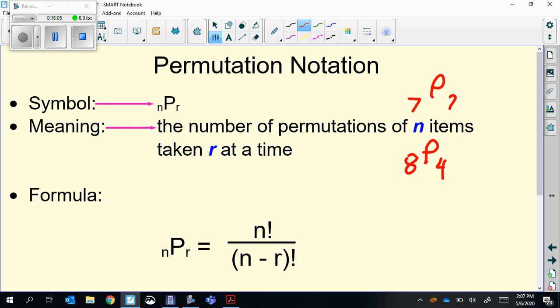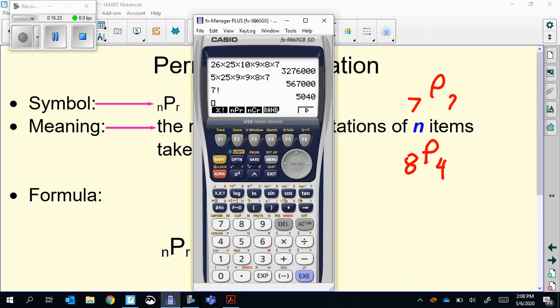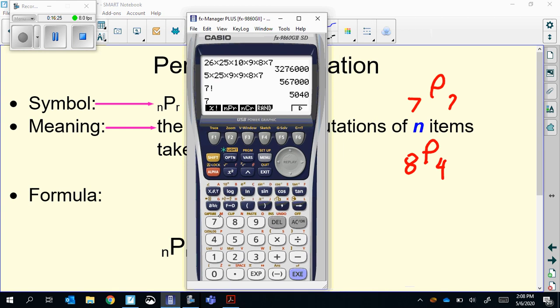And there is a formula. It's also built into your calculator, so you would probably do this with a calculator no matter what, so you might as well just use the button on your calculator, which is right here next to the factorial symbol anyway. So you do have to type a number first. So that last one we said it would be a 7P7.